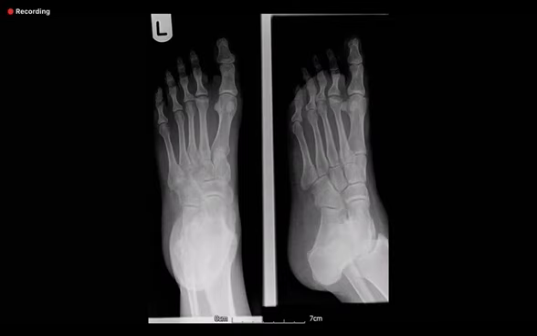And given that this is an oblique and AP. Were you mentioning the previous view, which you saw lateral? Yeah. Okay, you are worried about a coalition, and you think that there is a talocalcaneal coalition.